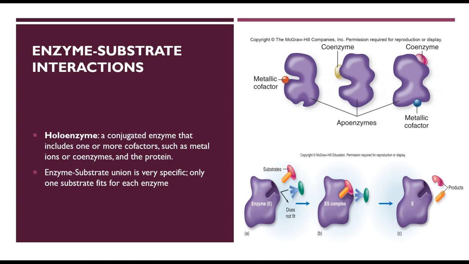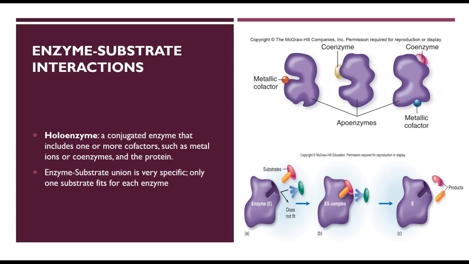And then we have these other cofactors that bind to that apoenzyme that help with the functionality of the holoenzyme itself, which is the combination of both of those. And as I mentioned before, the enzyme substrate union, or that complex, is very specific.